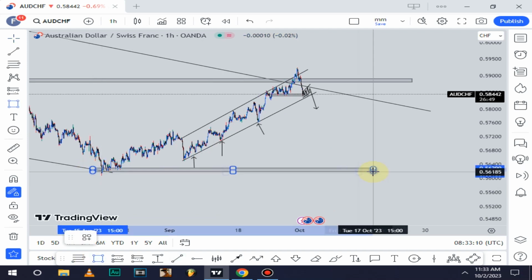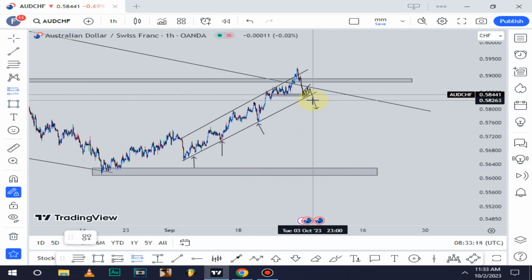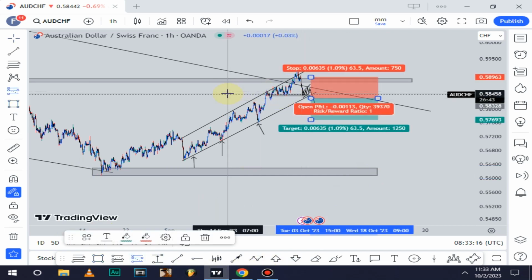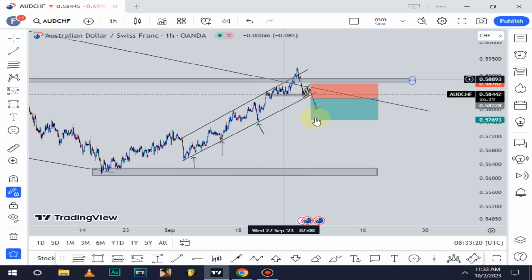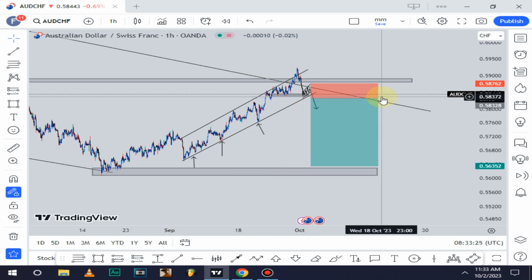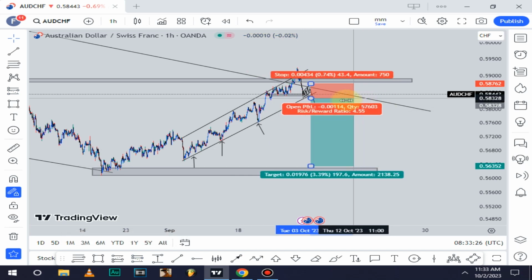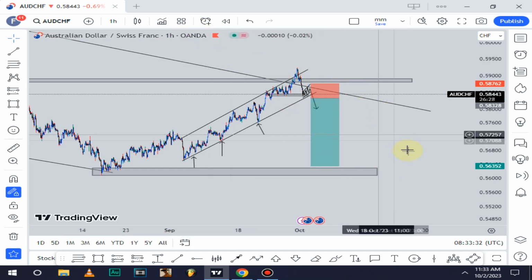This should be the target over here. If that happens, then we should take our sell entry over there, stop loss above the new high that the market probably will have given us, then take the trade down to this zone over there. So this is Aussie Swiss franc. I'll just add that to my watch list. So this is what I'll be looking at.